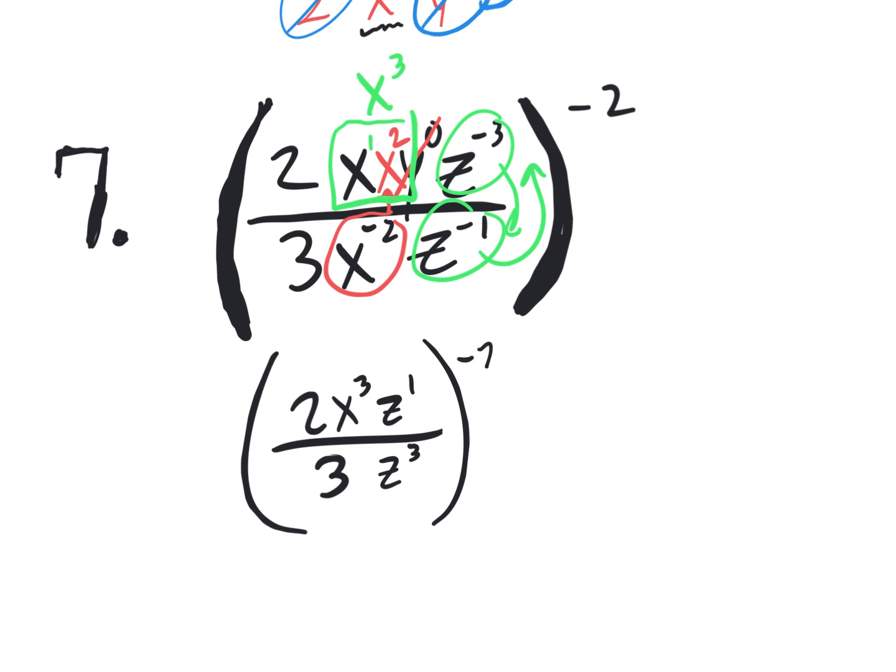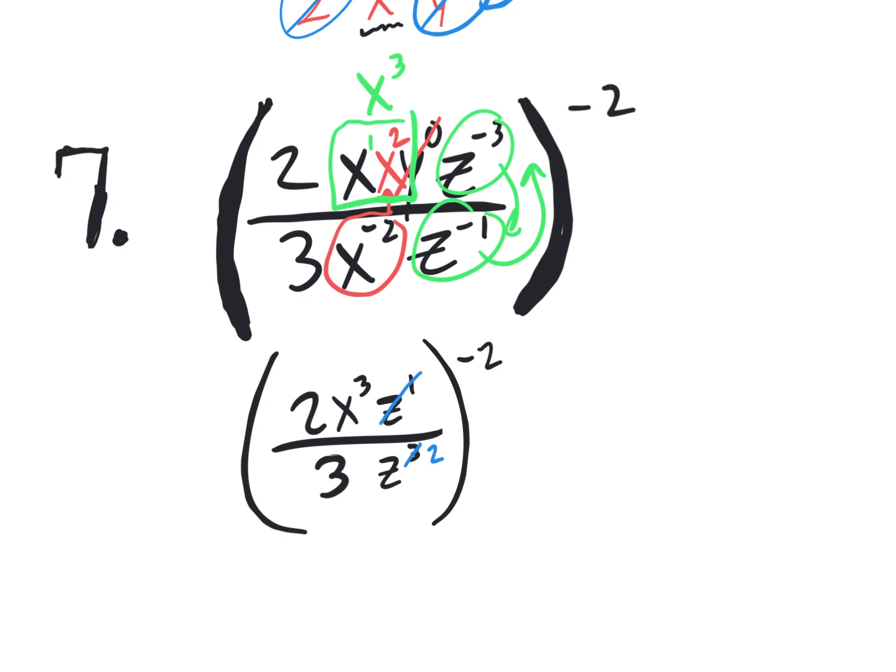So at this point, we could distribute this negative 2 to each and... Oh, no, wait. I'm sorry. We could still cancel. So let's cancel those z's. One z cancels with one of the 3, and you'll have 2 left over. And now we could distribute the outside negative 2 into each and every one, but that would mean that every exponent would be negative, which means we'd have to flip everything.